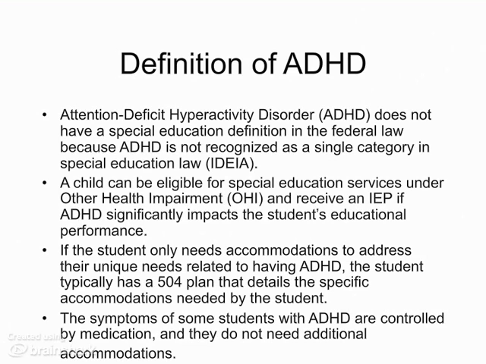The difference between a 504 plan and an IEP is that a 504 plan only has accommodations, whereas an IEP has much more included in addition to accommodations, such as annual goals and objectives, related services, least restrictive environment, any behavioral supports needed, transportation supports, etc. The symptoms of some students with ADHD are controlled by medication, and they do not need additional accommodations, so they might have ADHD and not have an IEP or a 504 plan.